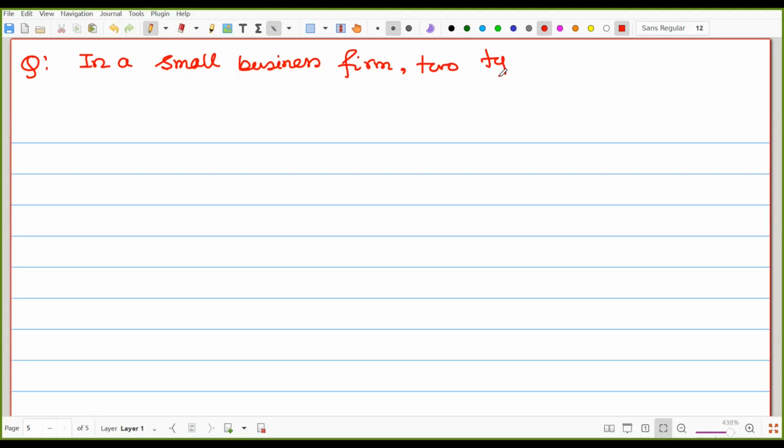So how can we use the coefficient of variation with the standard deviation for a very small general life problem? Suppose the problem is like that: in a small business firm, two typists are employed.